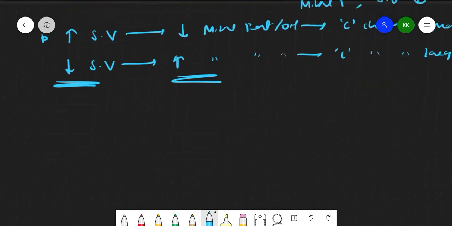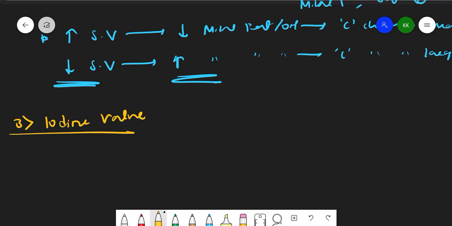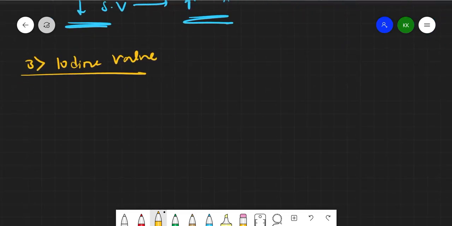Once we have discussed this saponification value, next let us come to the third parameter, that is iodine value, right? So what is this iodine value? It is also defined simply.